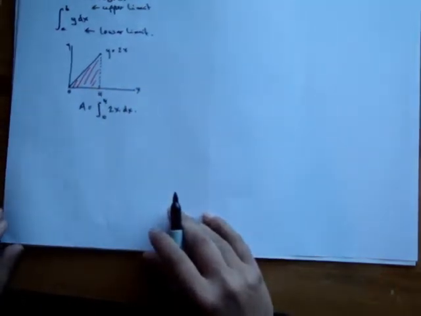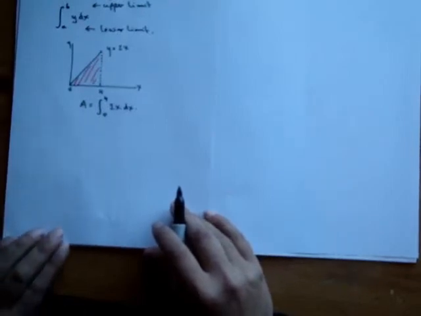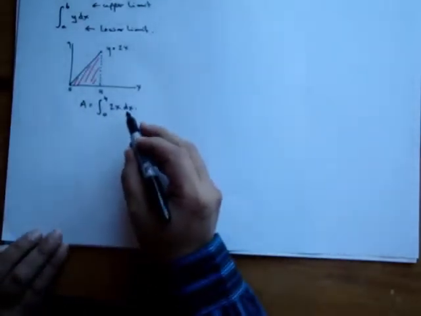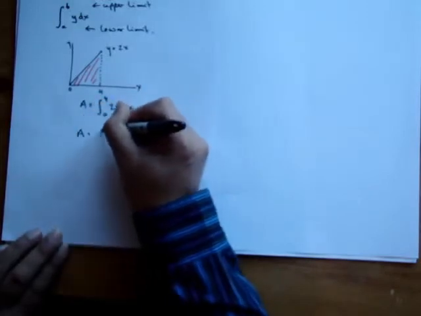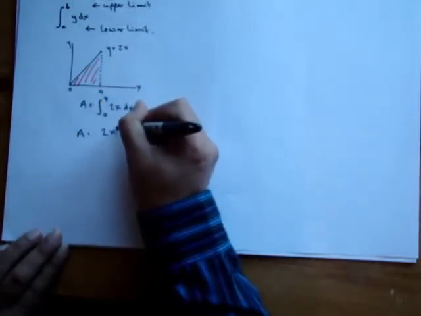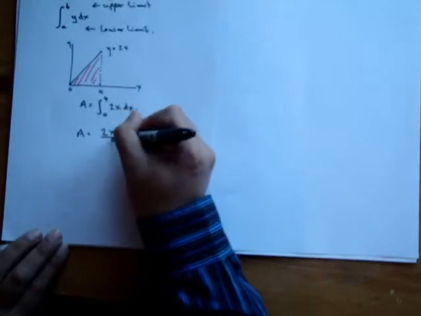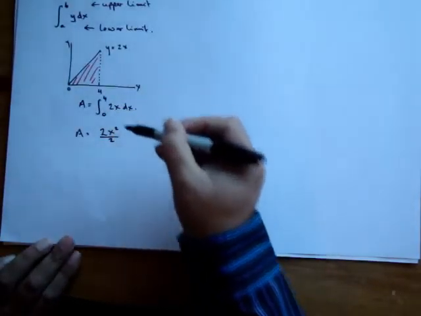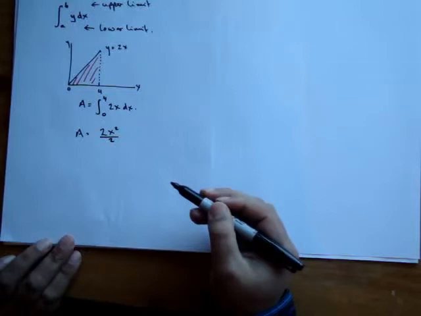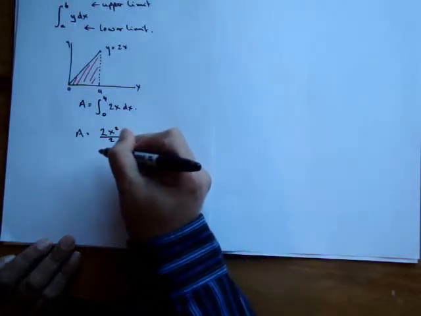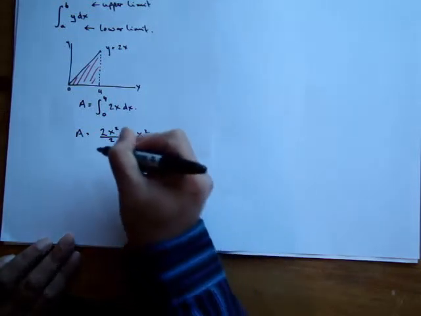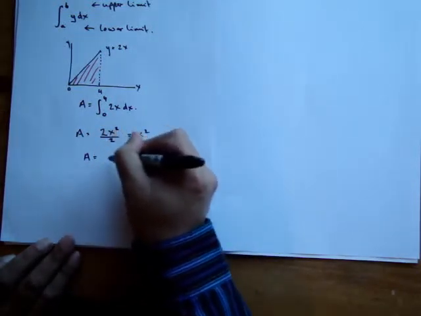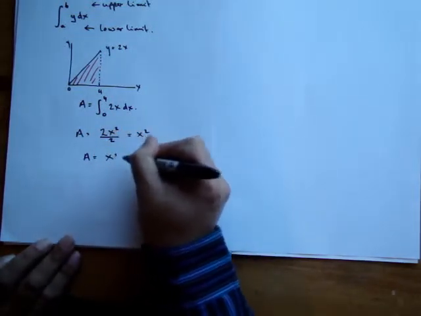So what we do is we integrate now. The integral of 2x is 2x squared over 2. Now we have to apply the upper and lower limits. So this equals x squared.